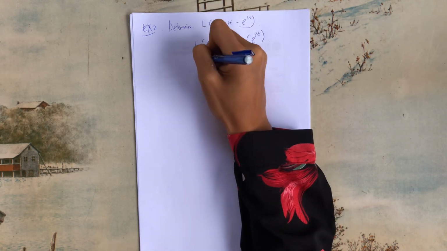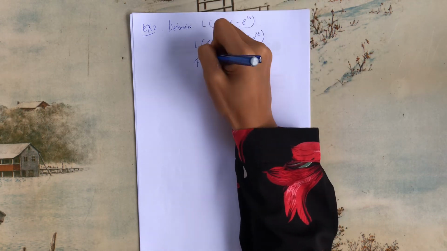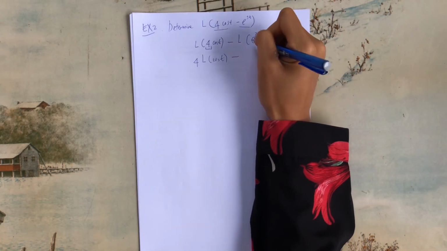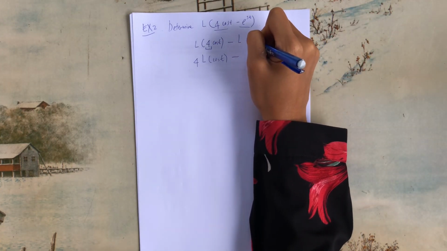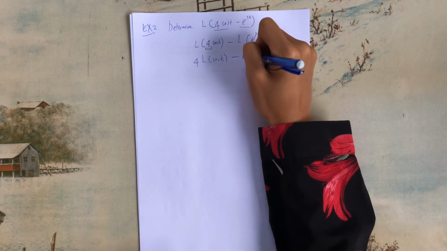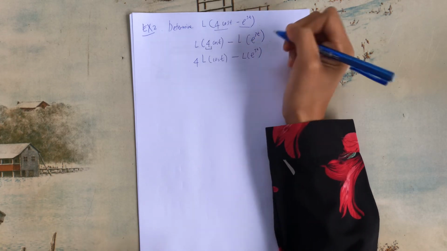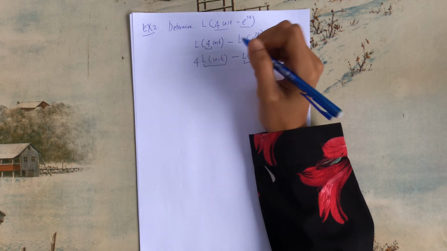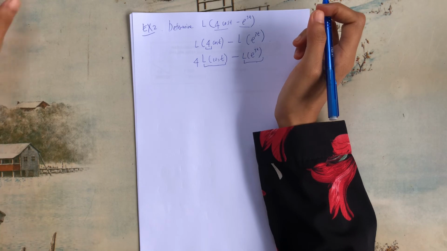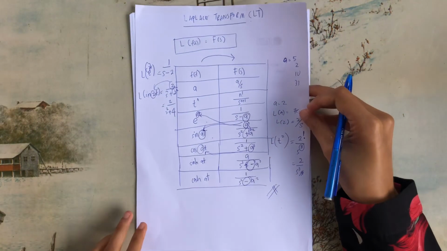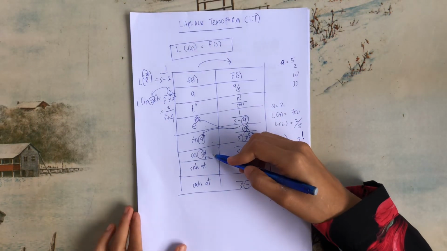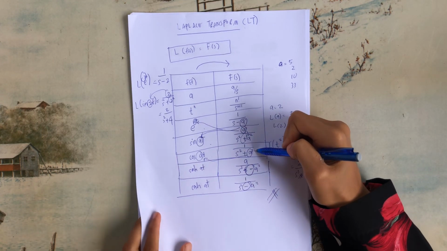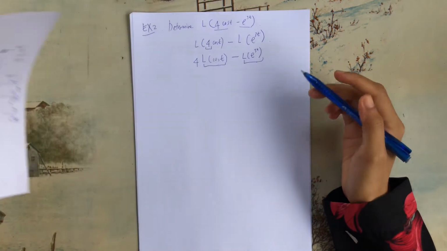So what we should do is take out 4, and we are left with the Laplace transform for cos t. How about this one? This one has no visible scalar, so it is 1, and it is just the Laplace transform for e^(3t). Now what are the Laplace transforms for these two? You can refer to your table from just now. For cos, the answer is s over s squared plus a squared, and for exponential it is 1 over s minus a.